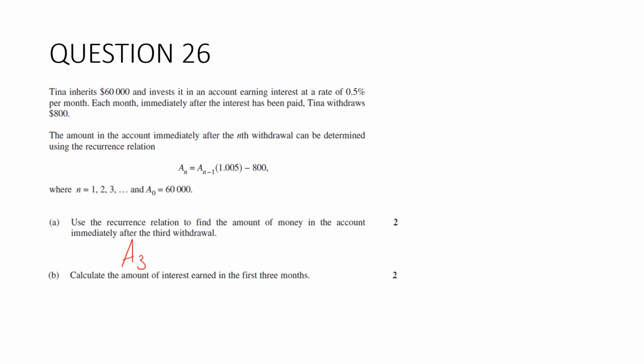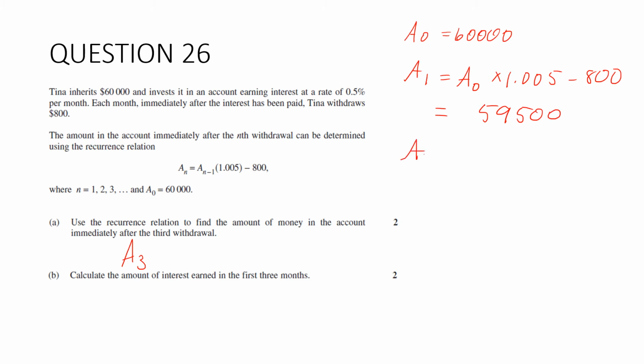I'm just going to have to do a bit of arithmetic here. So A naught is 60,000. A1 must be A naught multiplied by 1.005, take 800. So I'm just going to put this in the calculator. We have got 60,000 times 1.005, take 800, which is 59,500.